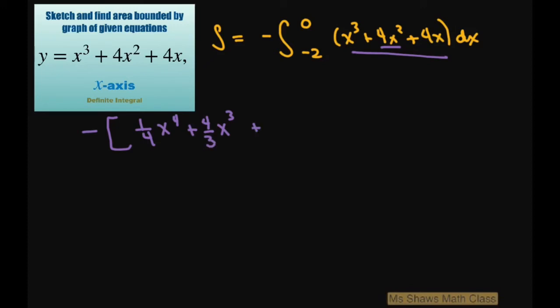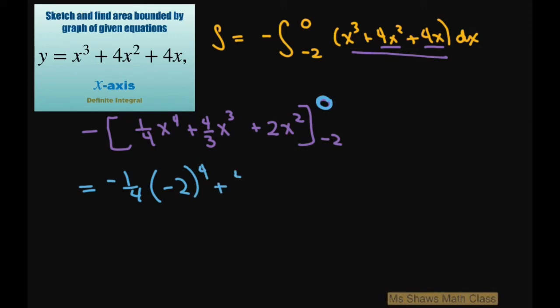And then plus, for this piece, 4 divided by 2 is 2, so 2x squared. And then we're evaluating it from negative 2 to 0. You always start with your upper limit, so that's going to be equal to negative 1/4 times negative 2 to the power of 4 plus 4.